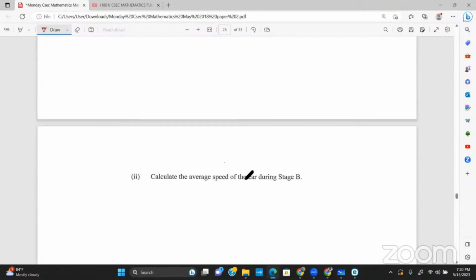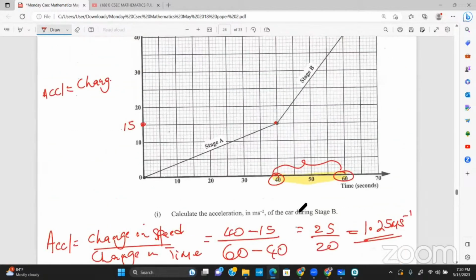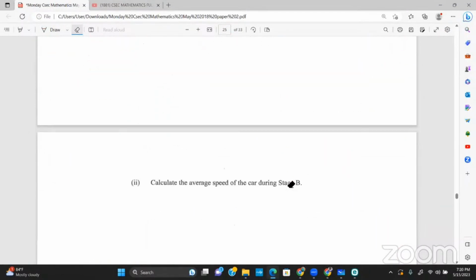Calculate the average speed of the car during stage B. Average speed during stage B. Average speed is always total distance over total time. Average speed, let me write this first.